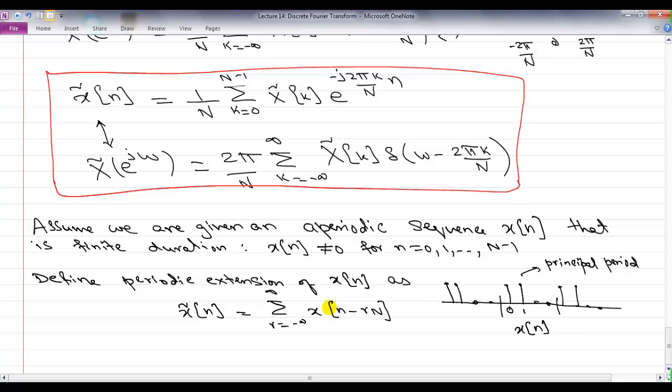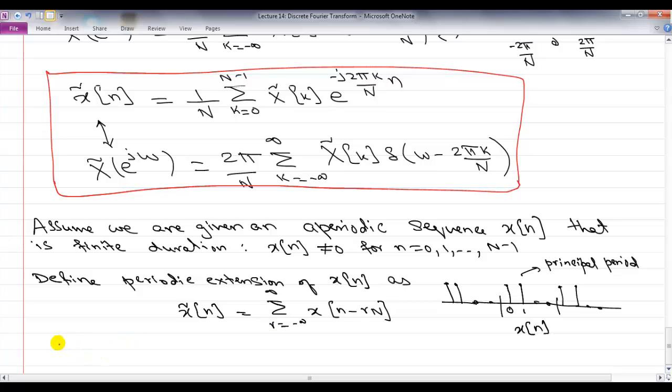Now, one way of writing that periodic extension is basically similar to, if you remember, convolution with a discrete impulse, right? If you convolve with a discrete delta function, what happens to the function? It just gets shifted there, right?